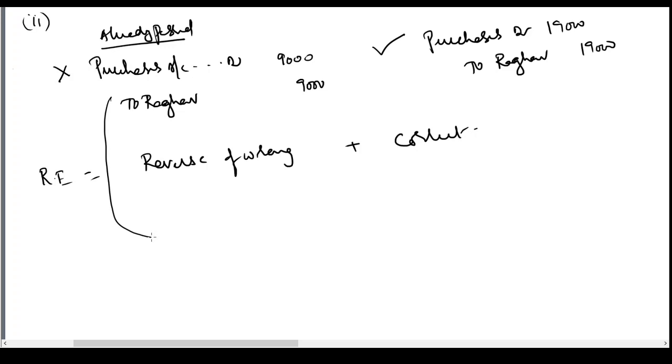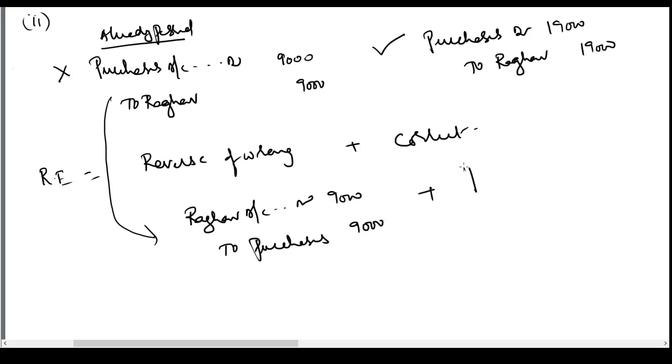So this entry needs to be reversed now. So entry would be Raghav account debit to purchases 9,000, plus correct entry is purchases account debit to Raghav 19,000.